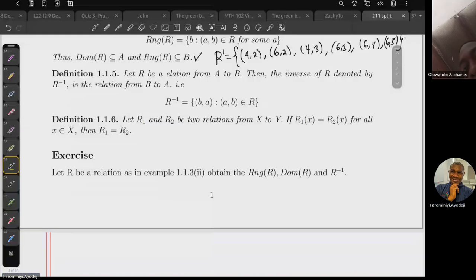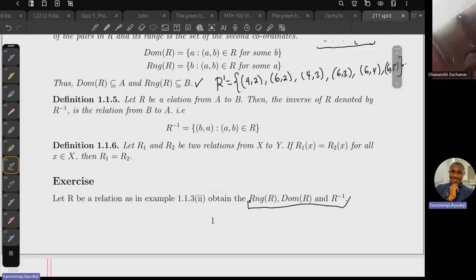So that is the exercise we've just completed. So if you have two relations and you have that for each element in the domain, they have the same images, then we say that those two relations are equal.